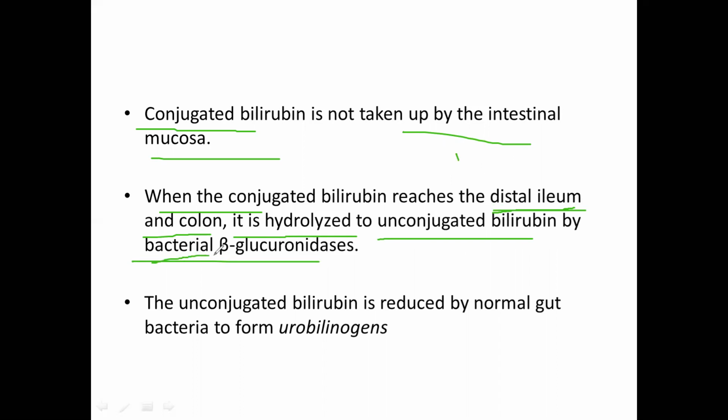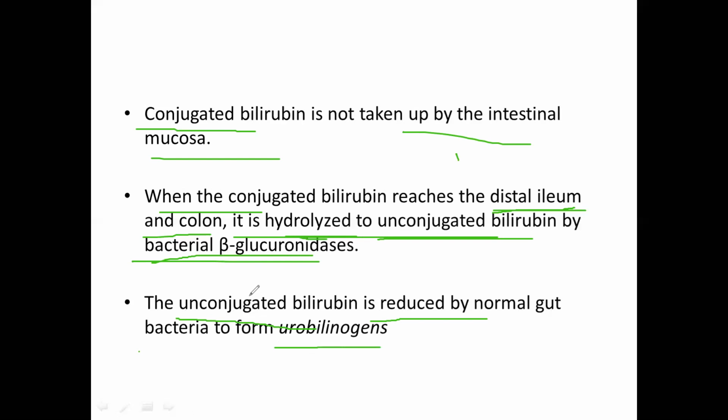And now this unconjugated bilirubin is again reduced by normal gut flora to the urobilinogens.